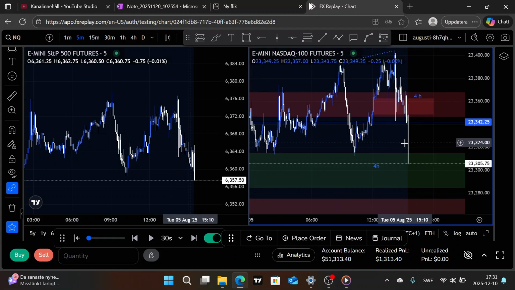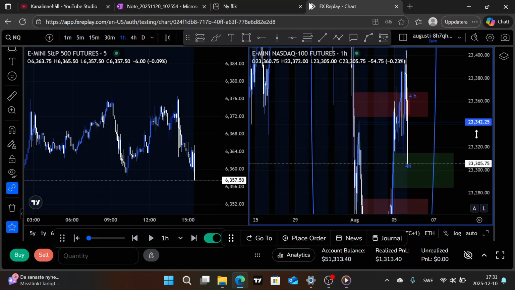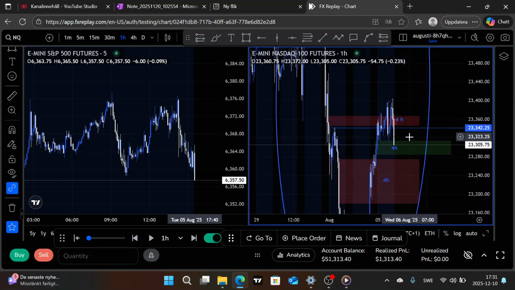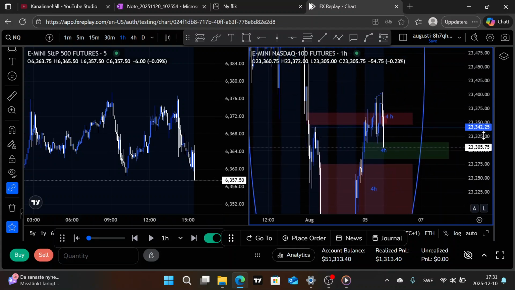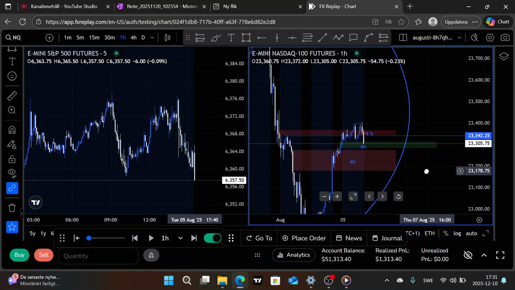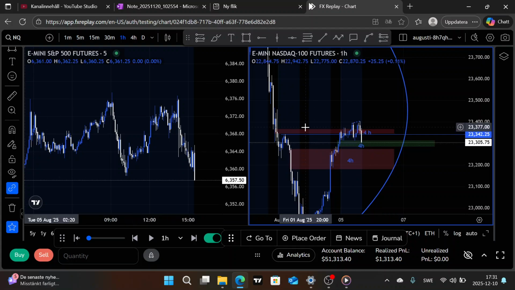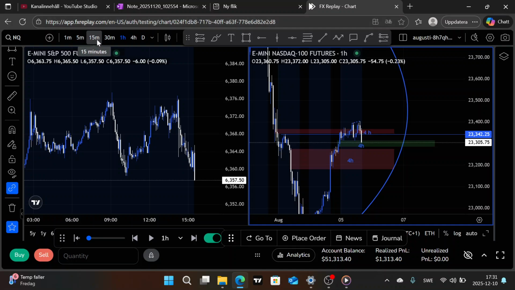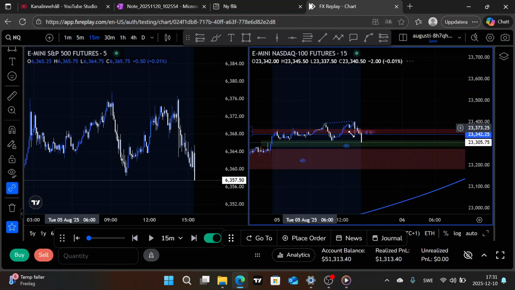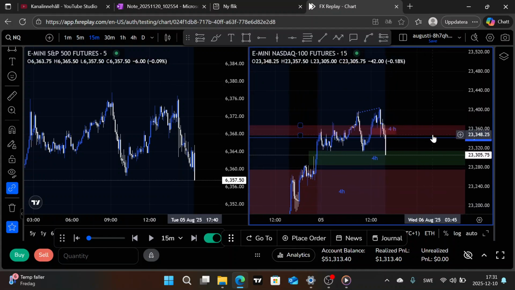So I still am waiting for convictions. So we still respect this fair value gap, but the candle has not done its move. So I am checking it in 15 minutes.